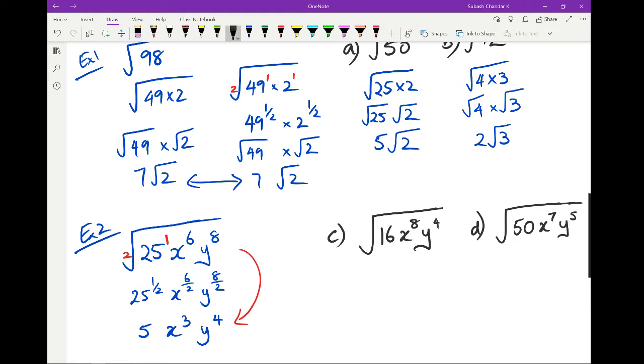So question D, I actually want you guys to leave it in surd form. When they say surd form, that means you actually want to have a square root symbol in it.